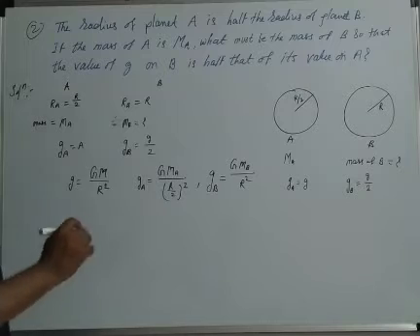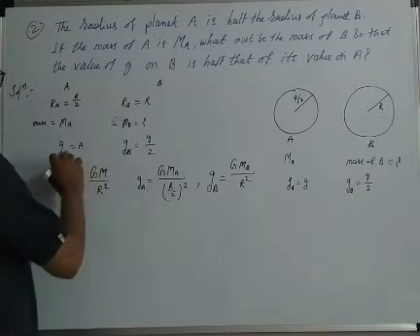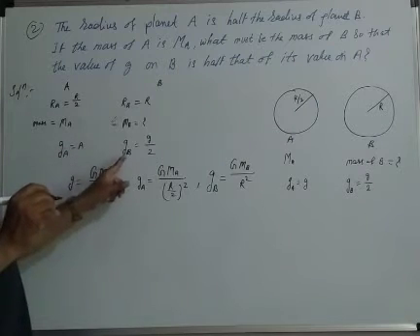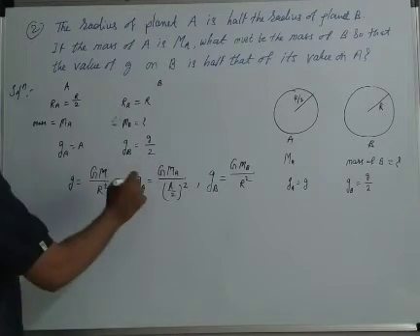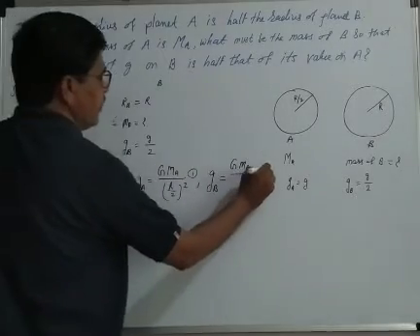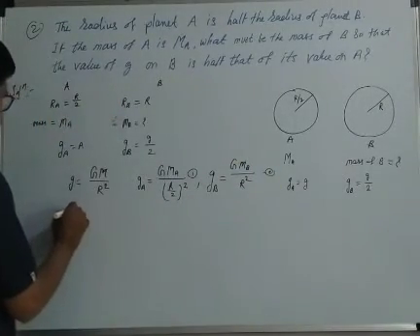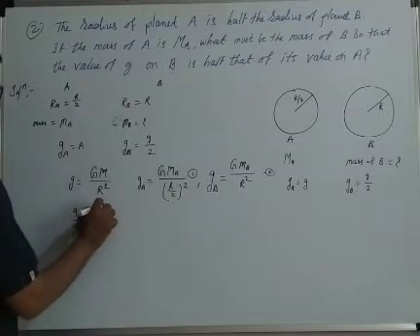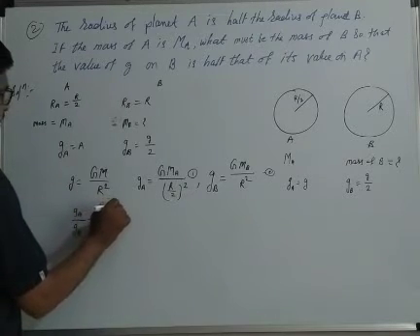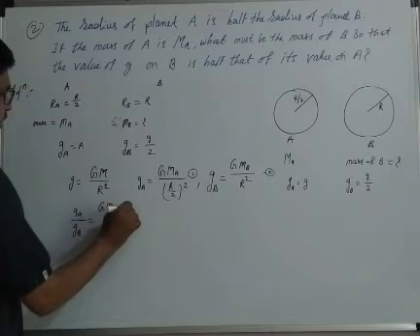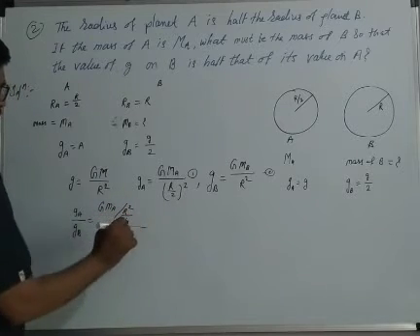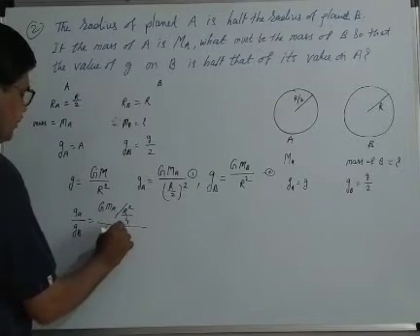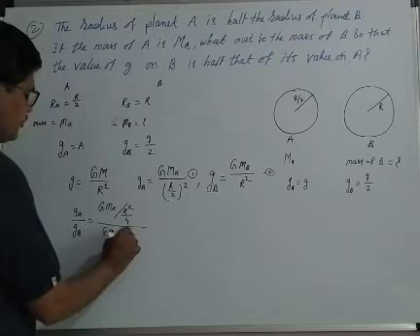Then we take the ratio. We know the relationship between GA and GB: GA is equal to g, GB is equal to g by 2. Taking the ratio of equation 1 and equation 2, GA divided by GB is equal to G MA divided by R square by 4, divided by G MB divided by R square.